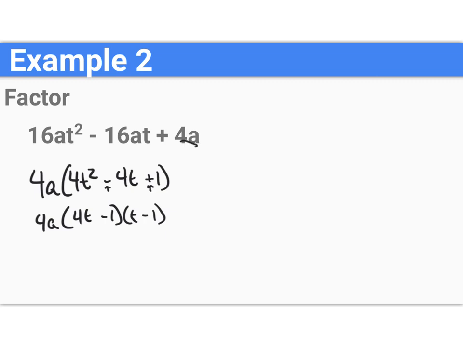That lets me know I'm dealing with two negatives. So let's just do the work and see if this works out. Negative 4t minus 1t plus 1, that's negative 5t. That's not what I have. So this doesn't work.